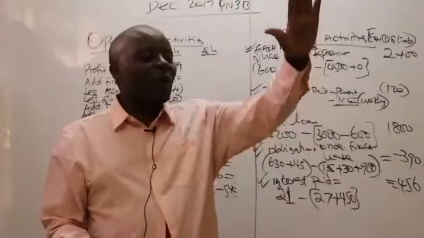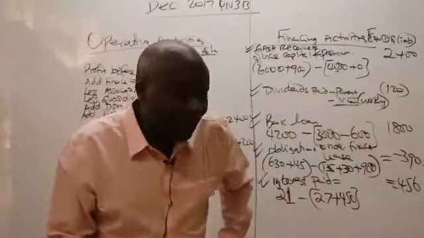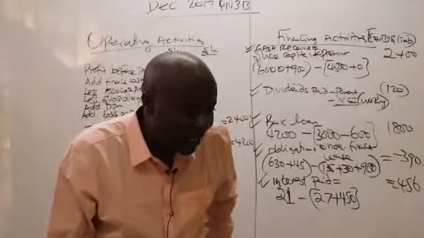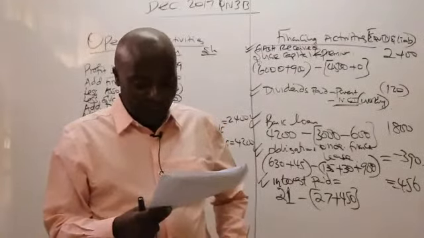Okay, let's see those who are getting 108. Those who are getting 108, let's have your working. Those getting 108 take 21 minus 63 plus 144 minus 15. So we have minus 21.